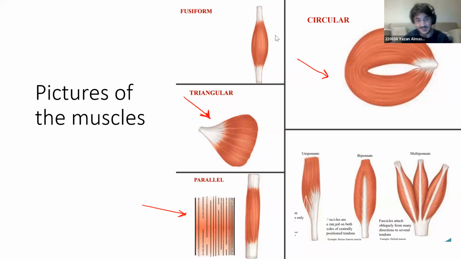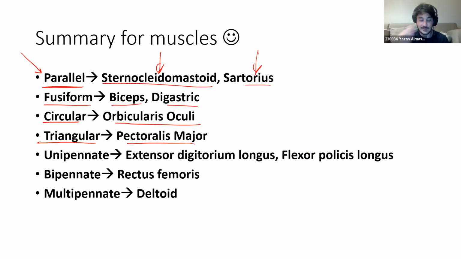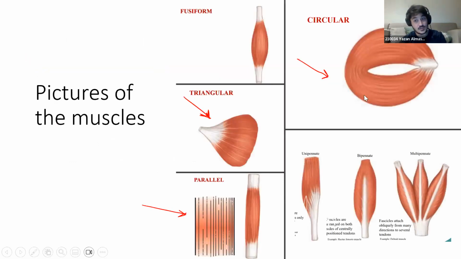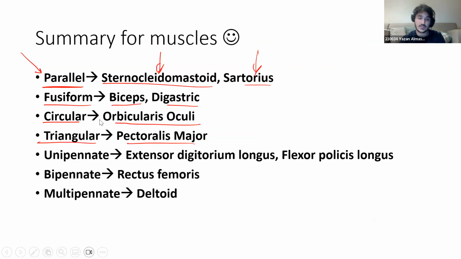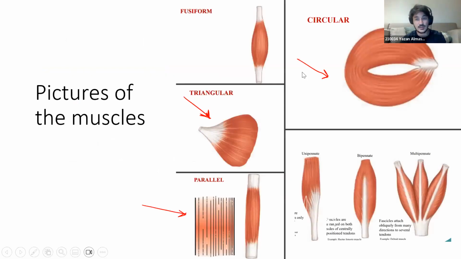No need to go into so much detail. Is everything clear about the muscles? All the examples, memorize them. Know which one is parallel, which one is fusiform, which one is circular. Know how a circular one looks. Don't just know, for example, that circular is orbicularis oculi, and then when they show you this, you don't know what it is. You have to know that this is triangular, for example. This is multipennate. This is bipennate. You guys get the point.